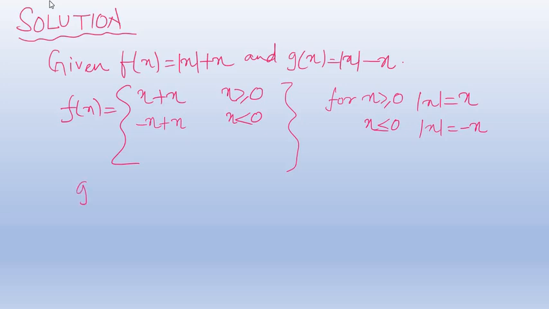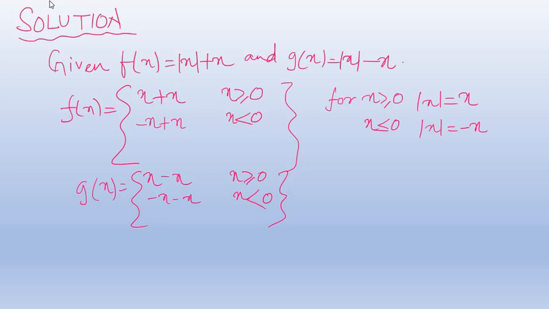Now coming to g of x, you can write it as x minus x for x greater than or equal to 0. Similarly, you can write it as minus x minus x for x less than 0. Okay.